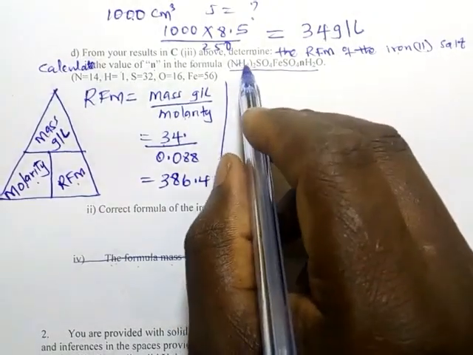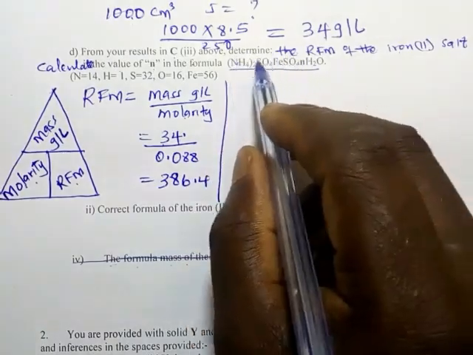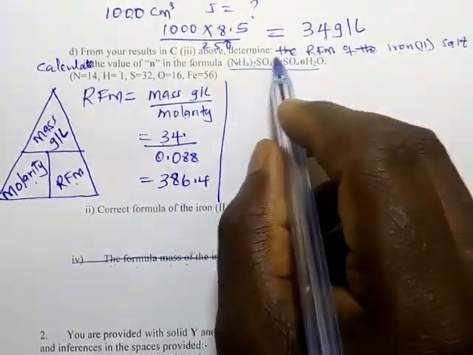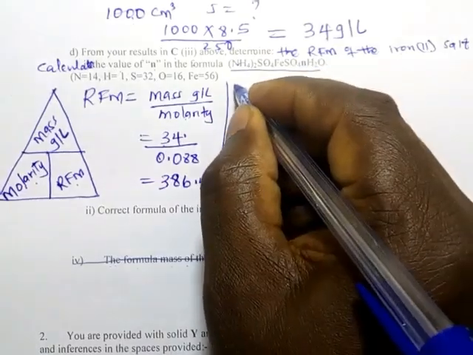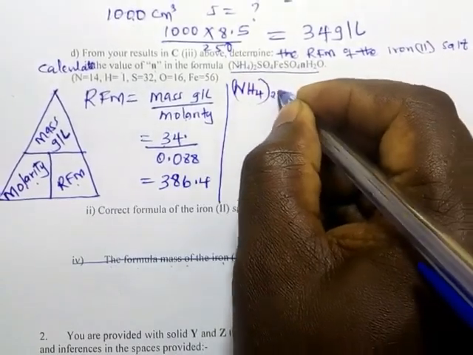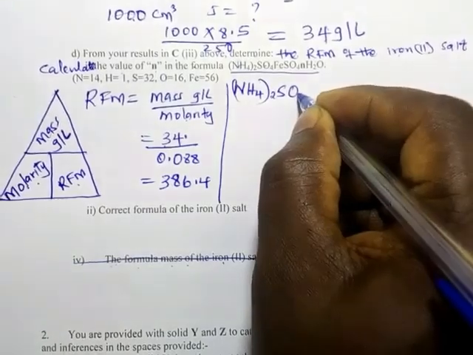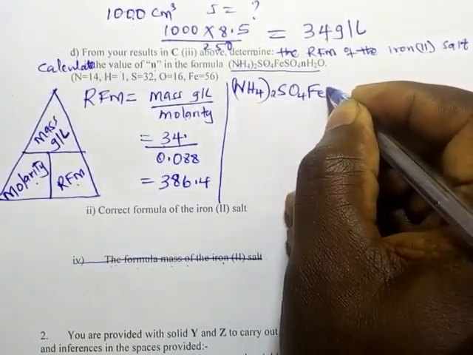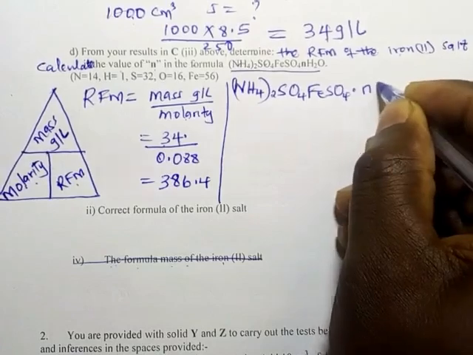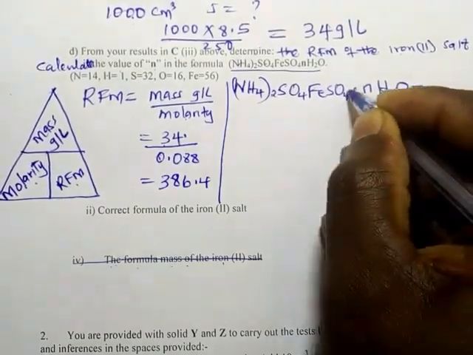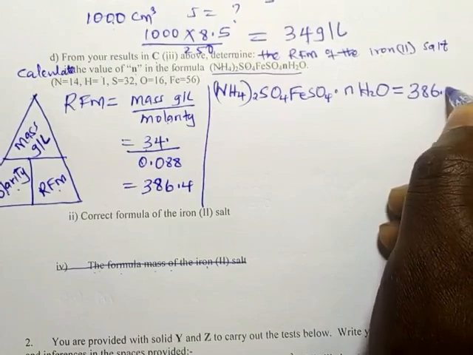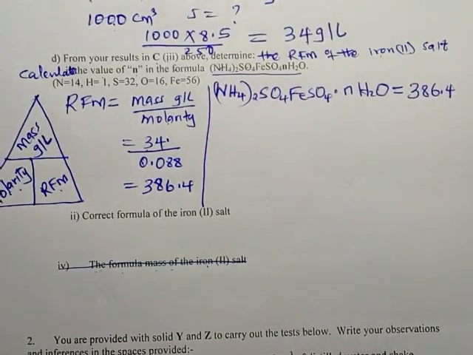But we know that the RFM is this formula. When you add the mass of each element here, you will get 386.4.